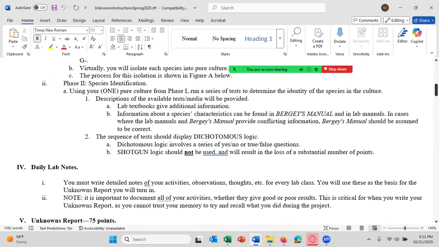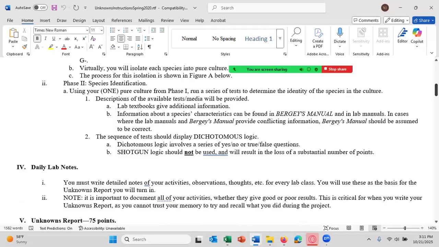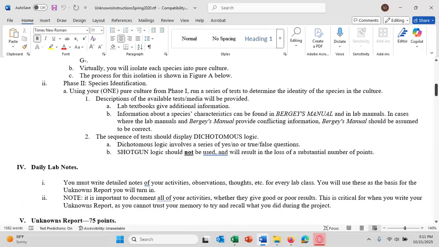And even when I'm sending you the first three, you're following dichotomous logic because you're going to start the gelatin hydrolysis test today. And you will be starting the PR lactose test next Monday. And you will be doing the gram stain next Tuesday. And then I'm going to send you all the results to all three of the tests next Tuesday.